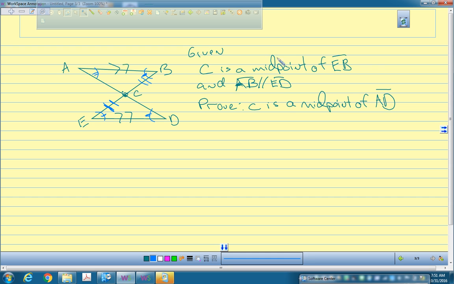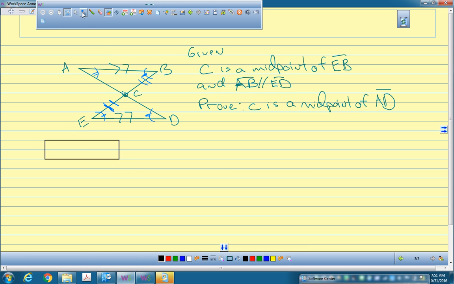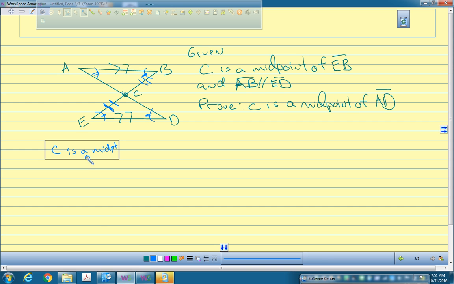So the way this one would start out, you would have a little box here. Maybe we should go through it. Well, I think this one is on your homework. You say C is a midpoint of EB, and that's given, right?